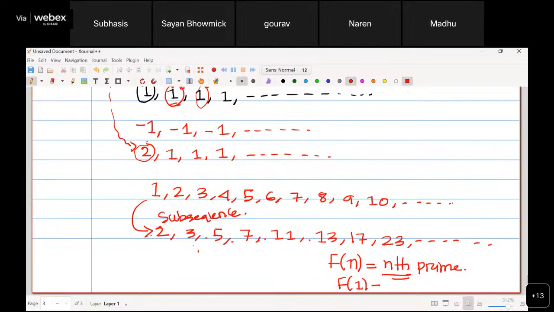F of 1 is the first prime, which is 2. What is f of 2? F of 2 is my second prime, which is 3. What is f of 3? F of 3 is my third prime, which is 5. So this is my subsequence. This is A1, this is A2, this is A3, this is A4.